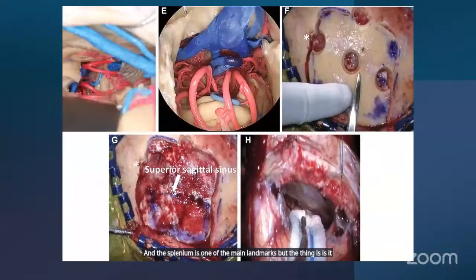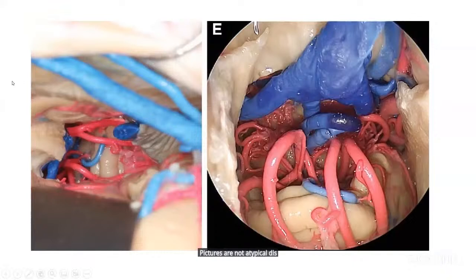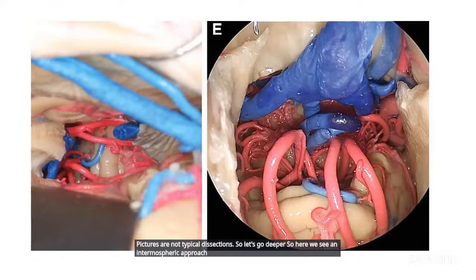Here we see an interhemispheric approach in a real case, and the first two top pictures on the left are anatomical dissections. So let's go deeper. Here we see the posterior falx, the vein of Galen, and the two posterior cerebral arteries aligning together.